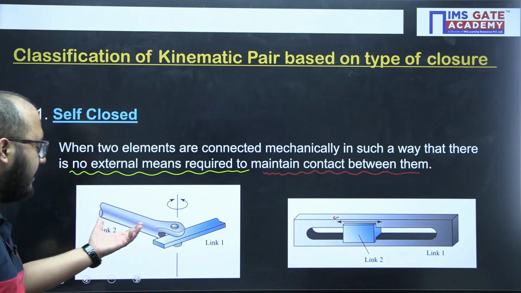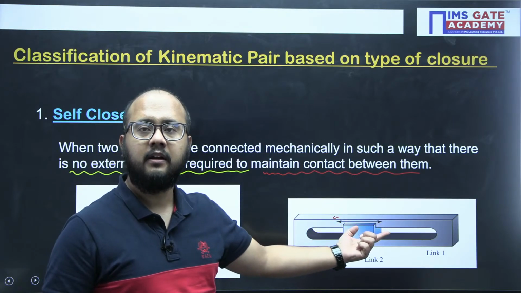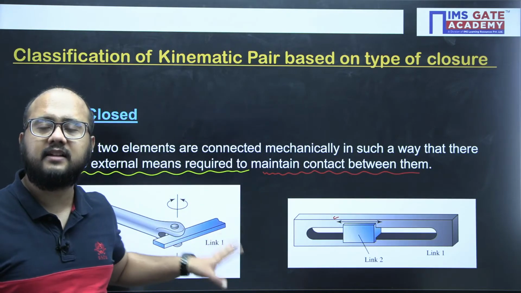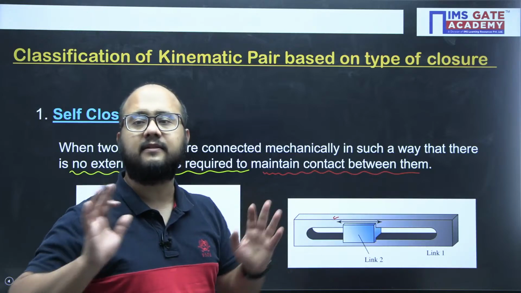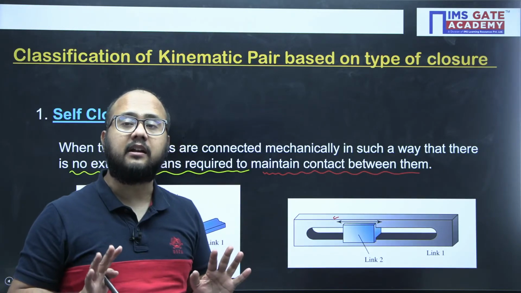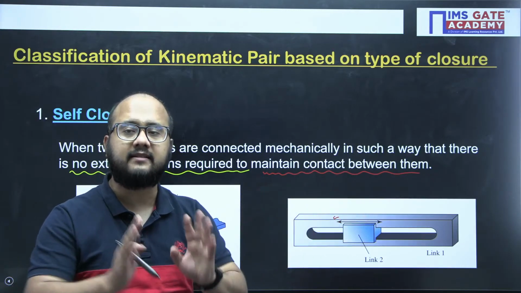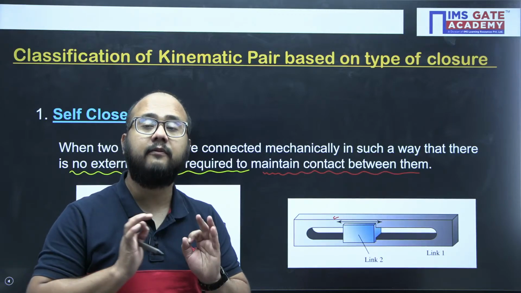So you can take the example of the turning pair, or the sliding pair. Here the contact doesn't require any external means. They are connected mechanically, so no external means is required for this contact to remain as it is. That is a very basic point.